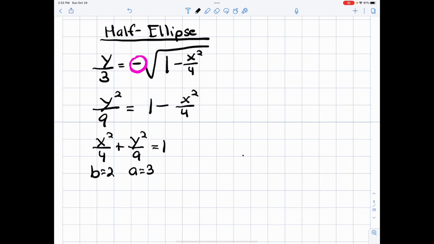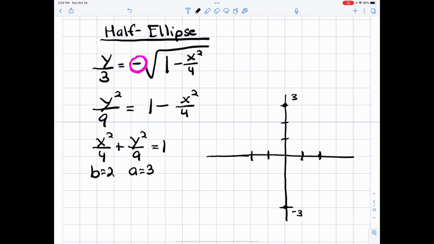So when we go to graph this thing, the major axis is along the y-axis because the 9's underneath the y squared. So we know we got to go down. We got negative 3, we got positive 3. Then the minor axis is going to be along the x-axis.